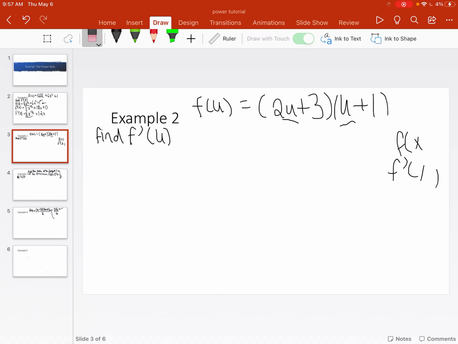If we were to take the derivative with respect to x of f of u, it would turn out to be 0, actually, because there are no x's in the equation. f of u doesn't depend on x, and neither does its derivative. So here we're asked to find the derivative with respect to u. So in a way, we could treat u as we treated x when there was a function of x.